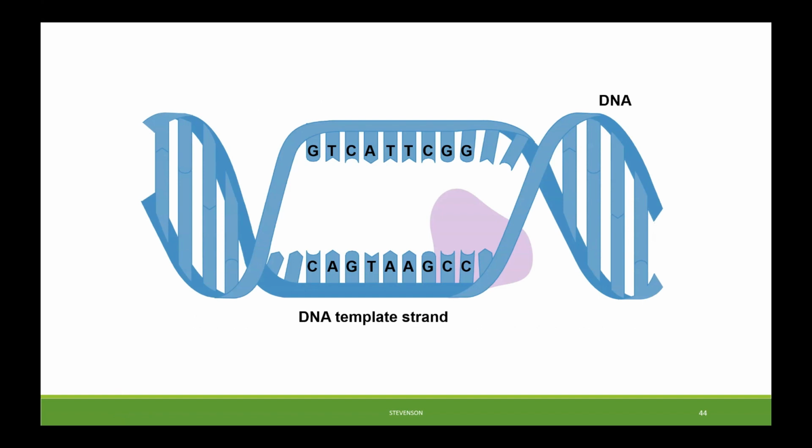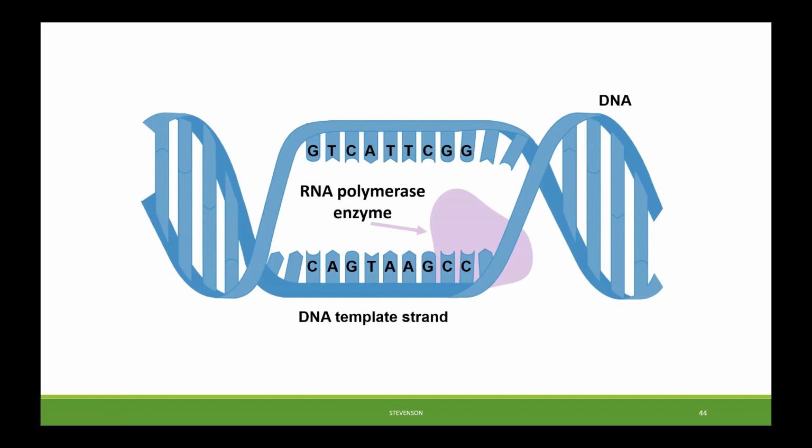We have two strands that are wrapped around each other, and in the middle, you can see that there's a section here where the strands have been separated from each other, and you can see the letters representing the nitrogenous bases on each strand. And separating the DNA strands is the first thing that RNA polymerase does when it arrives on the scene.